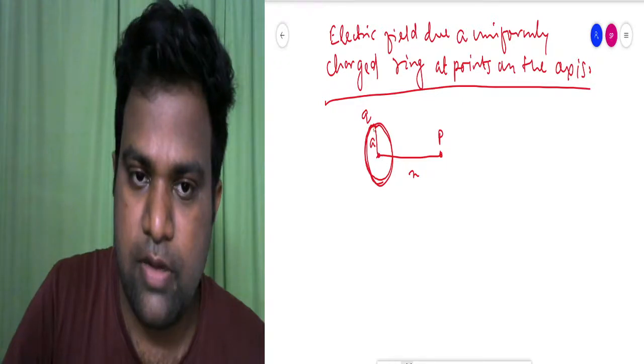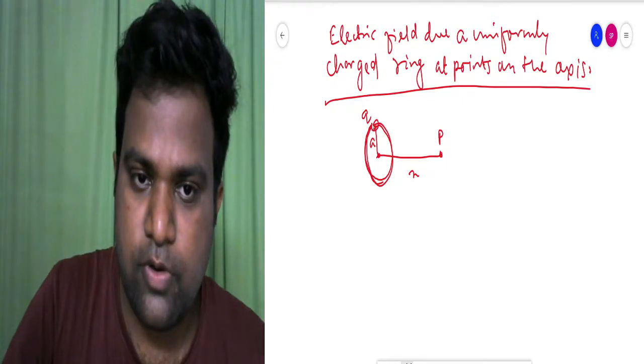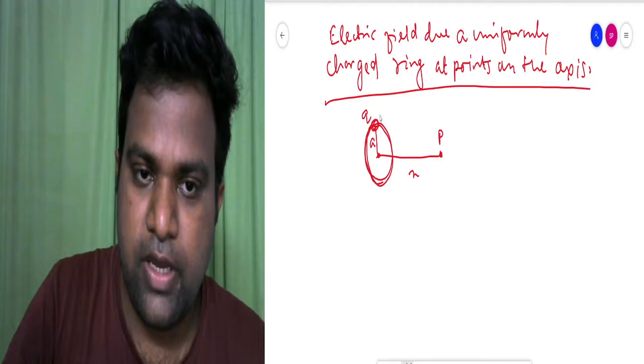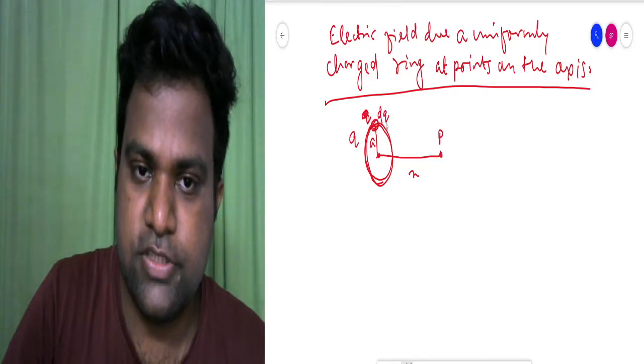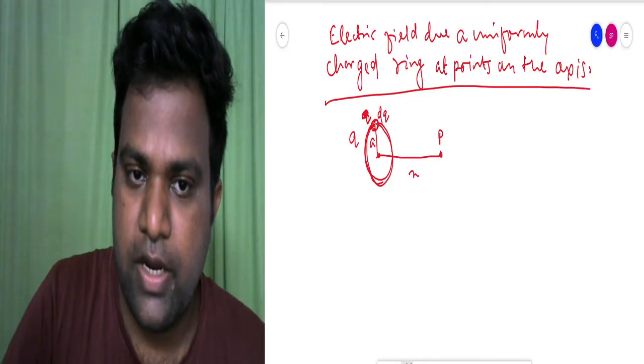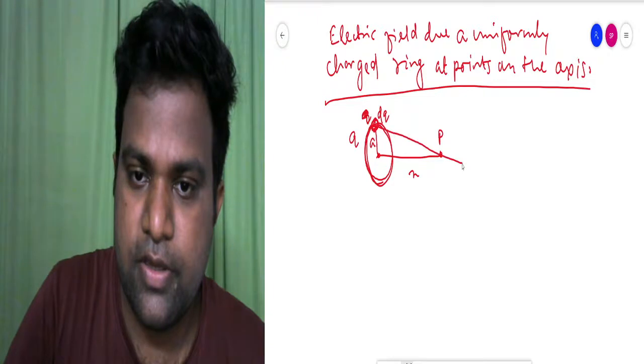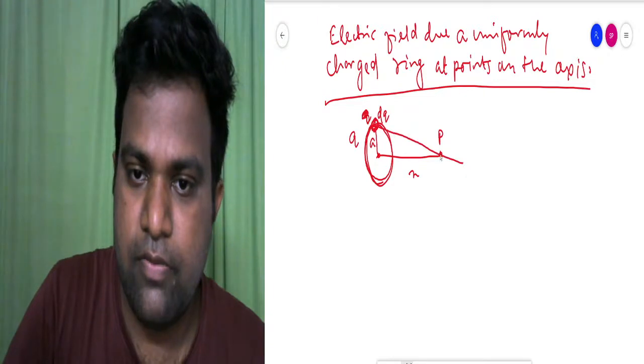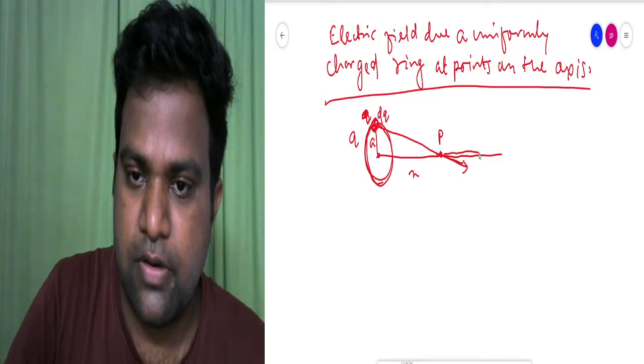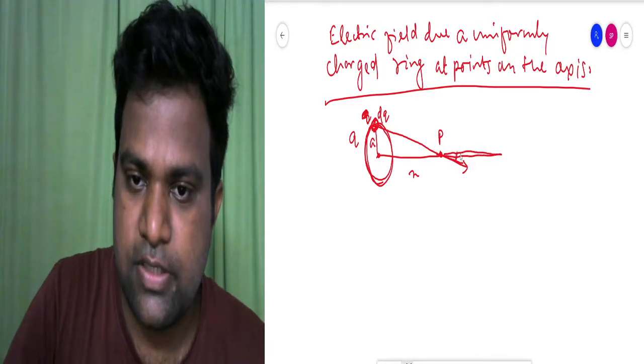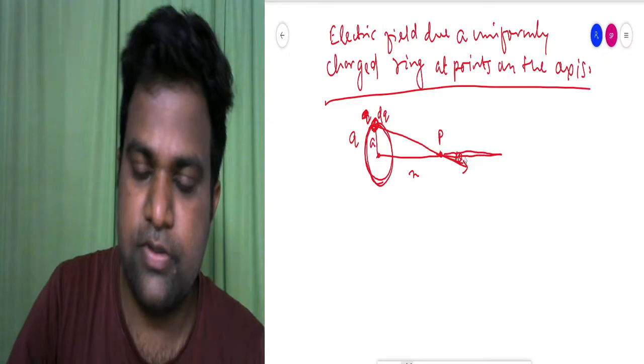Now let's cut a small element having charge dq, and due to this dq there will be an electric field at point P, directed like this. This is the axis, and let's say it will make angle theta with the axis.